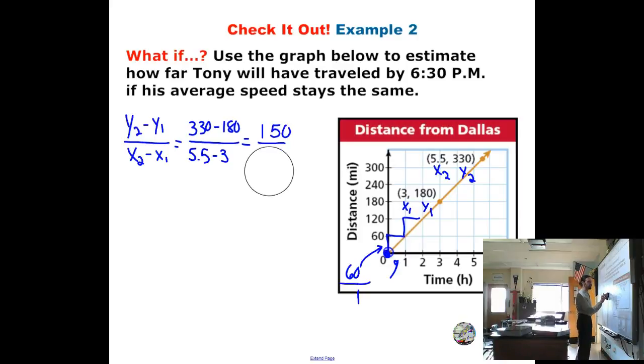I see my error. 150 over 2.5, and that indeed is 60 miles per hour.